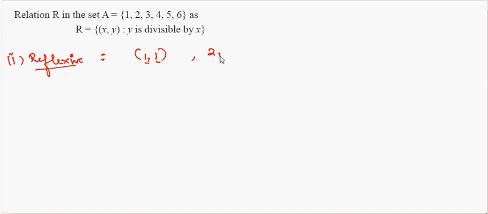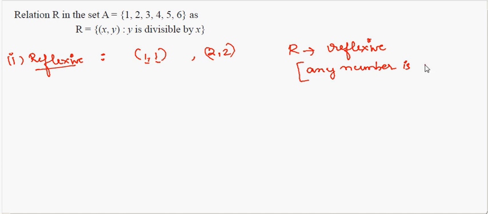Yes. If I take (2, 2), 2 is divisible by 2. Therefore, I can say R is reflexive. Correct? That means any number is divisible by itself.